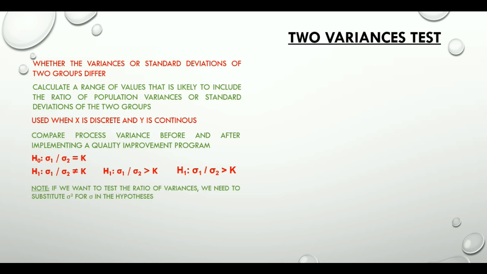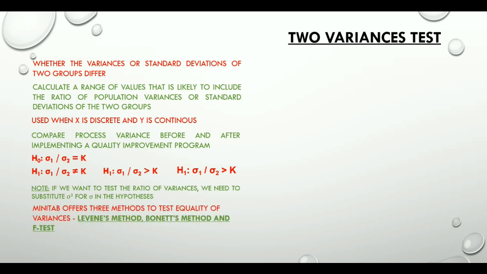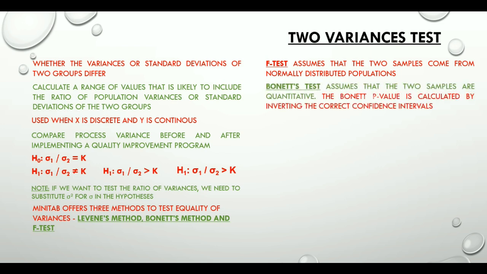Minitab offers three methods to test equality of variances: Levene's method, Bonett's method, and F-test method. Bonett's method is more powerful. F-test assumes that the two samples come from normally distributed populations. Bonett's test assumes that the two samples are quantitative.